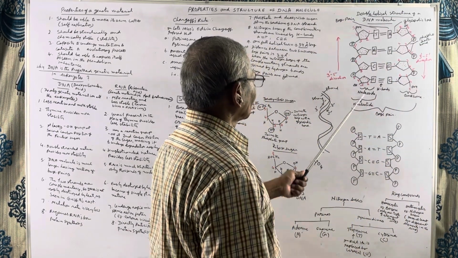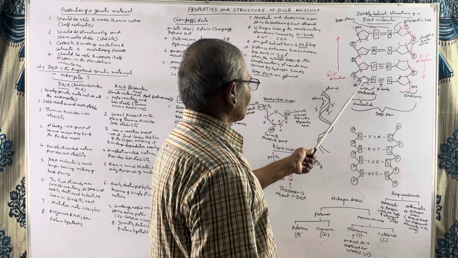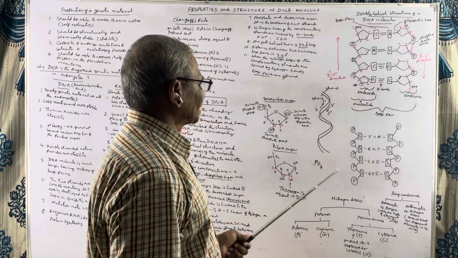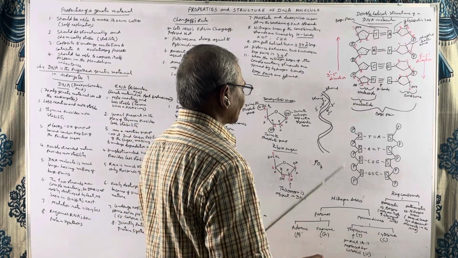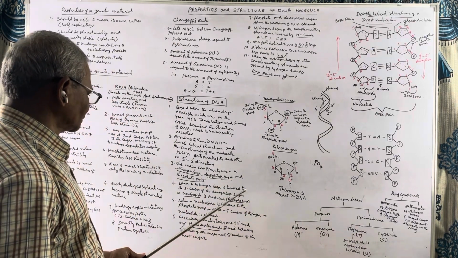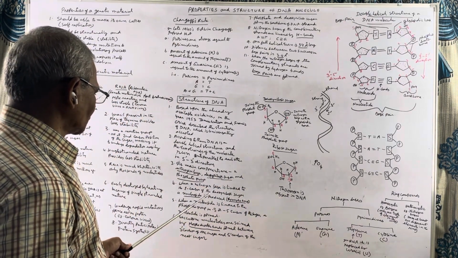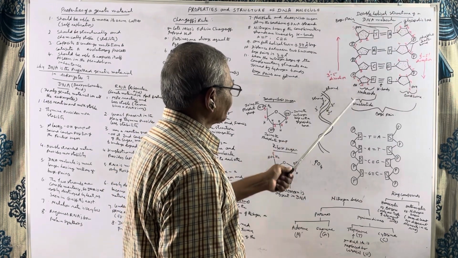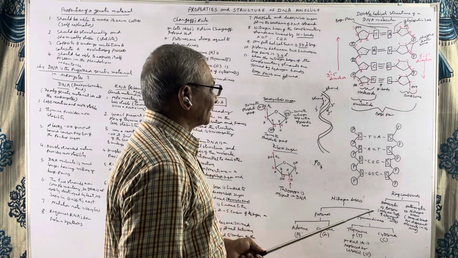When the nitrogen base is attached to the deoxyribose sugar, it is known as nucleoside. Nucleoside. When the nucleoside is attached to the phosphate group, it is known as nucleotide.